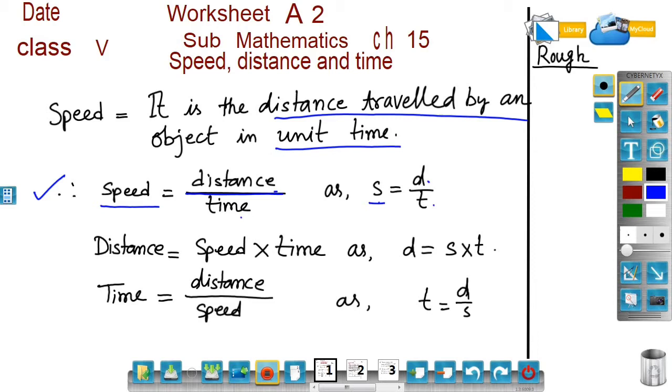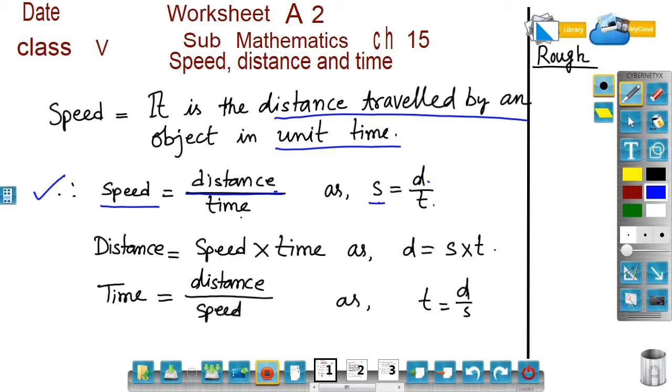By this relation we can find, you all know that 3 identities are here: speed, distance and time. By following this rule we can find the speed.